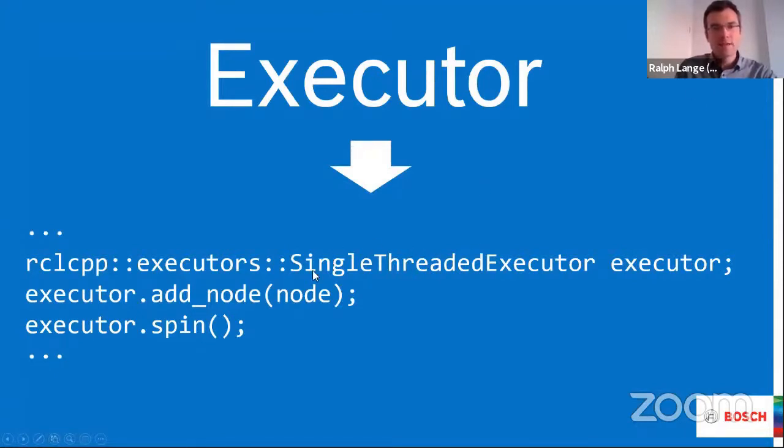In the simplest case, it's called the single-threaded executor from the ROS client library. The current node is added, and then again, the spin function is invoked, which makes the main thread serve as the spin thread for this executor. The concept of the executor makes execution management much more explicit, gives more, let's say, flexibility and allows you to extend it and adapt it for your needs.